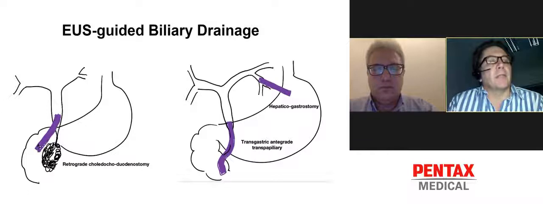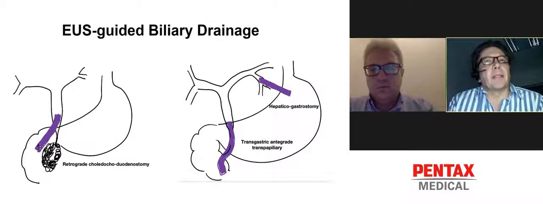On the left-hand side of the screen is the procedure performed using EUS, in a retrograde fashion, identifying the common bile duct and placing a lumen-opposing stent connecting the dilated bile duct to the small bowel, to the duodenum, and that is what we call a choledochoduodenostomy.